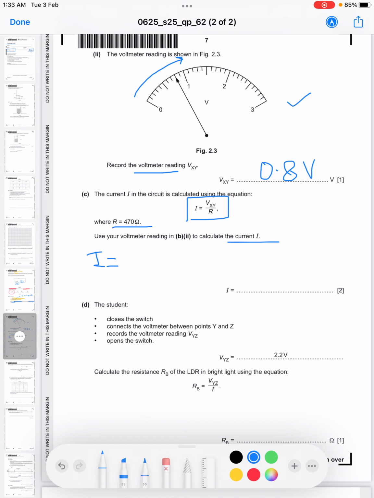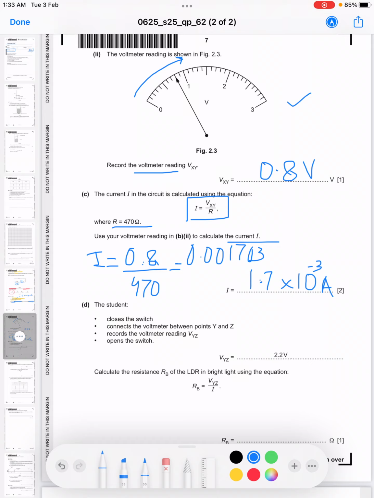I equals VXY divided by R. I am not writing the formula again, just substituting the values: 0.8 divided by 470, and it will give you the answer 0.001703. So it comes out 1.7 times 10 raised to the power minus 3 amps.